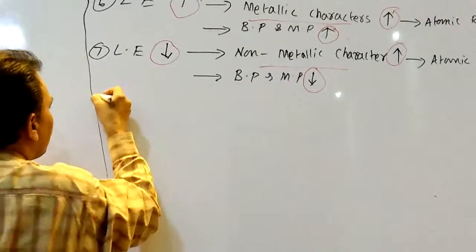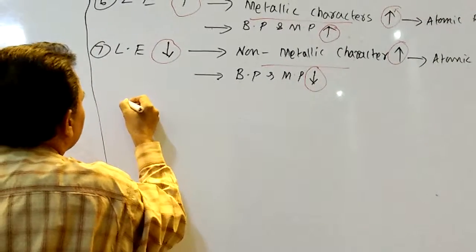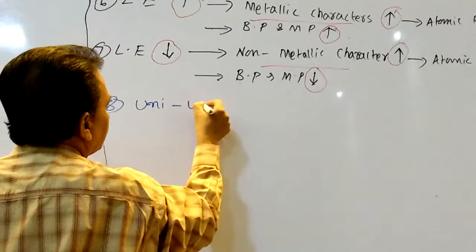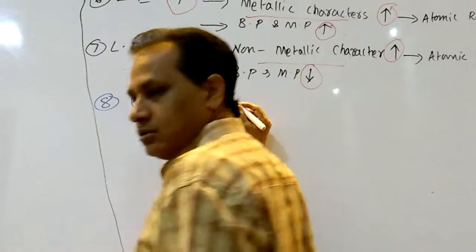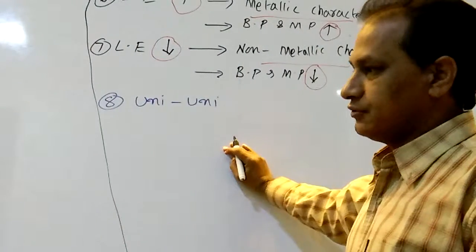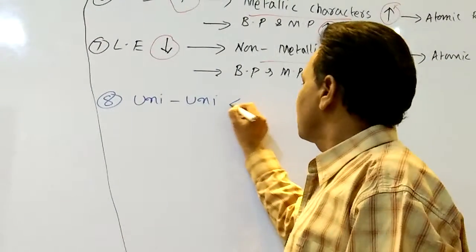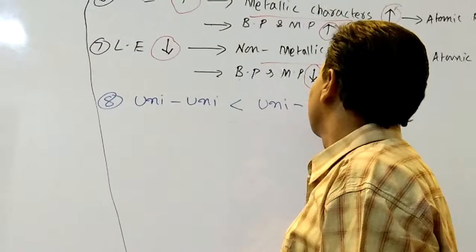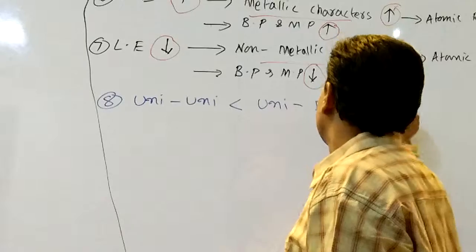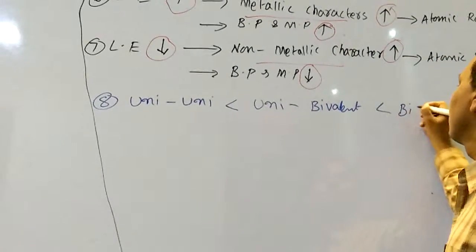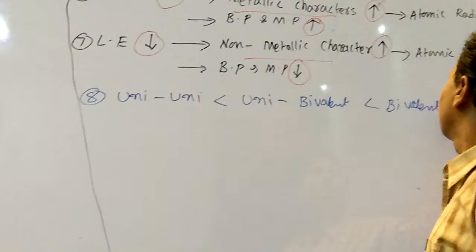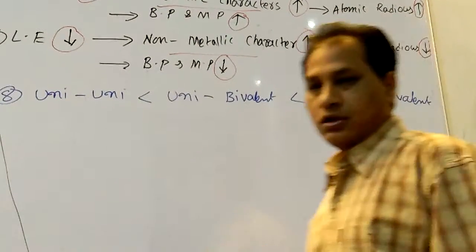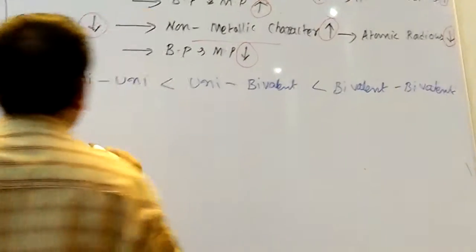And univalent and univalent, okay. Next, univalent and bivalent, and bivalent and bivalent. What is the meaning here?